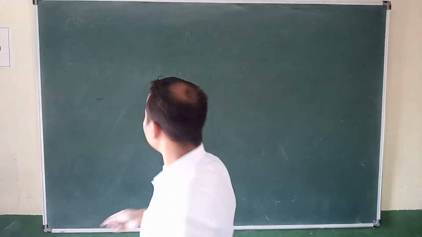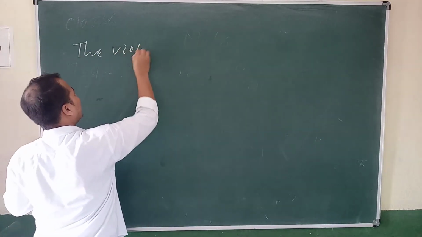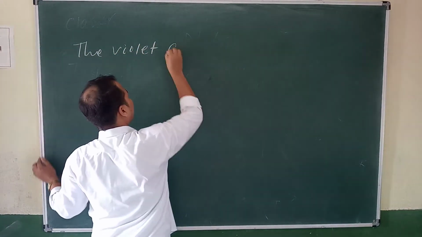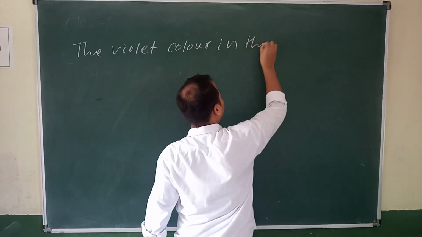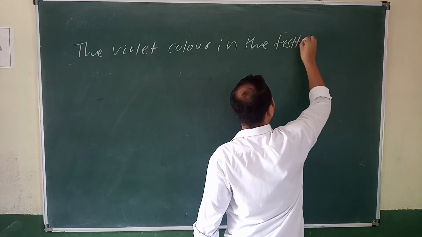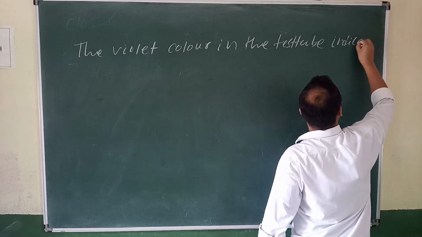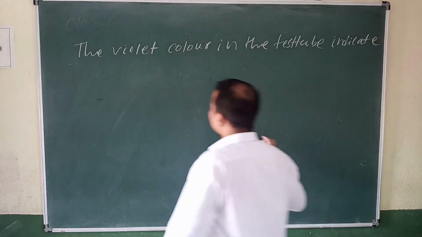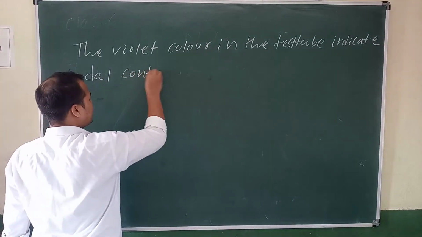So write down, the violet color in the test tube indicates protein. Dal contains what? We are taking the dal.